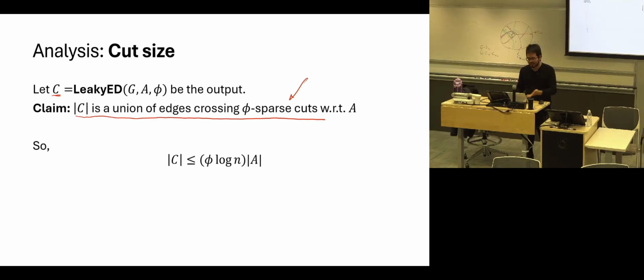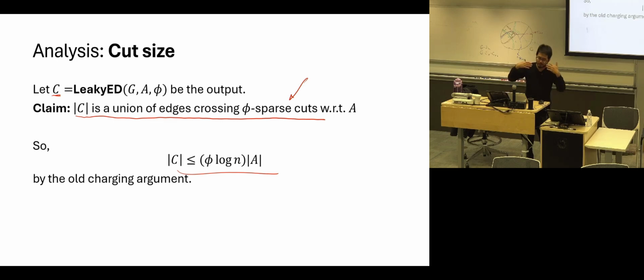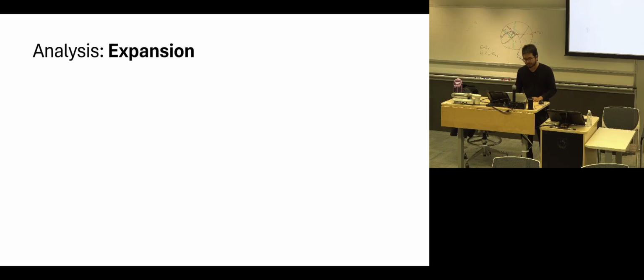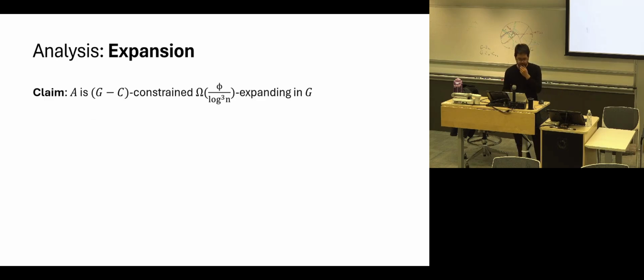So once we have this, you just get this bound from the old charging argument, that each smaller side is charged log n times, something like that. Expansion, here is a less trivial one. When I say that A is G minus C, constraint phi expanding, phi over log cube expanding in G.